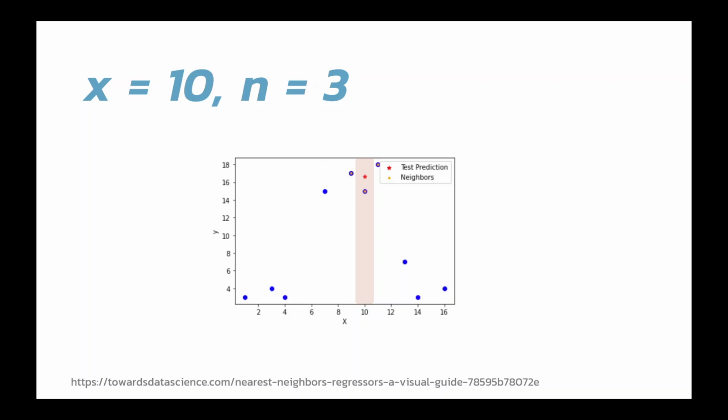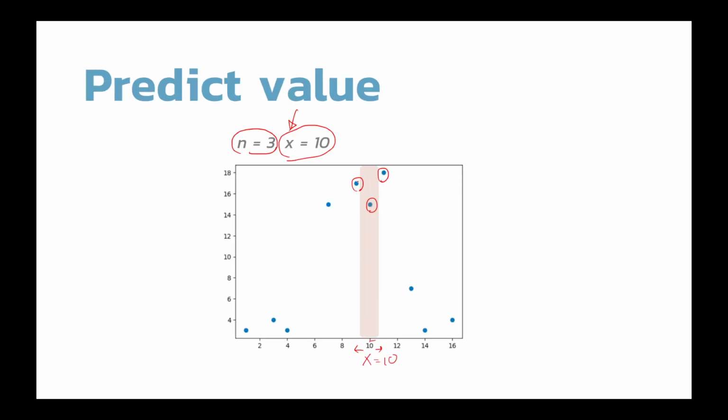Once you have these 3 data points, you have 3 y values: y1, y2, and y3.